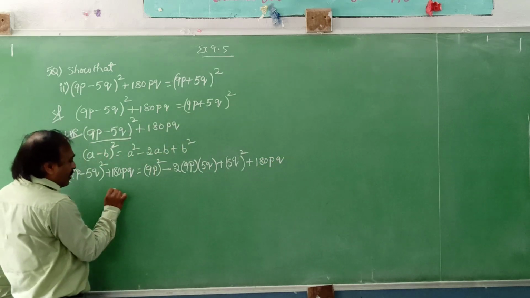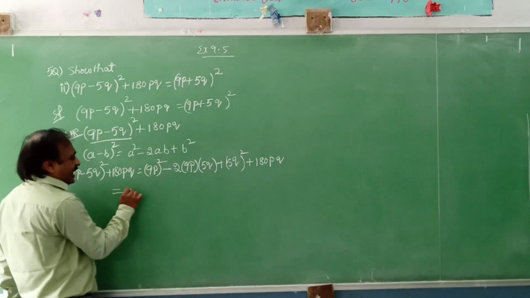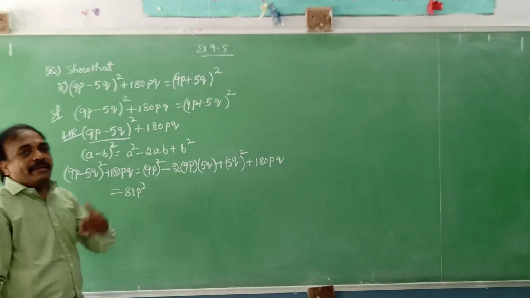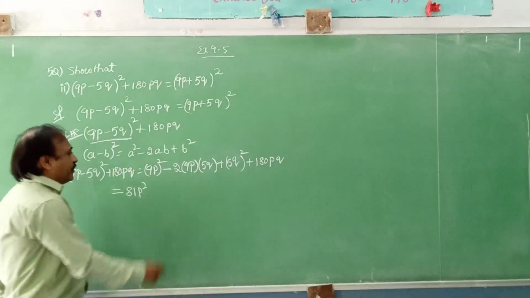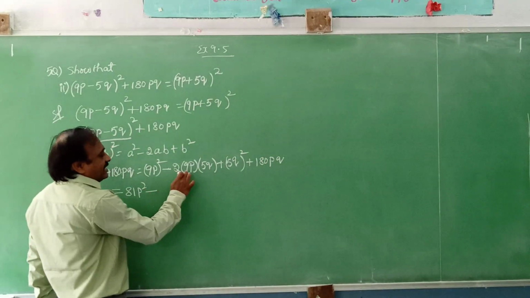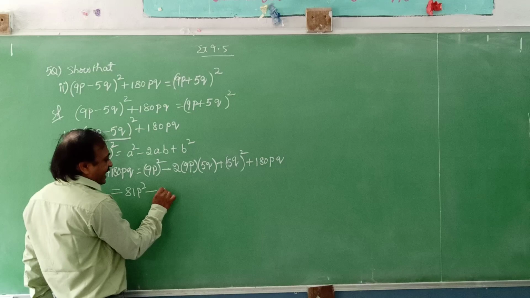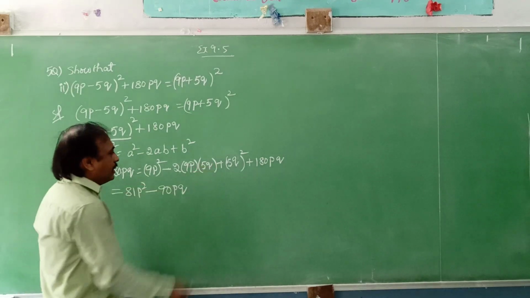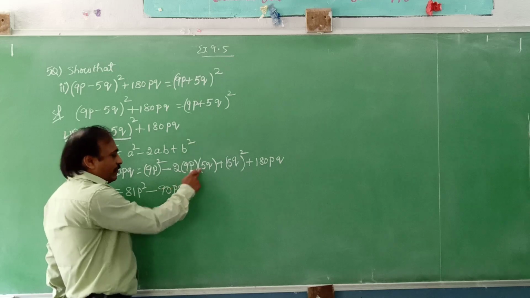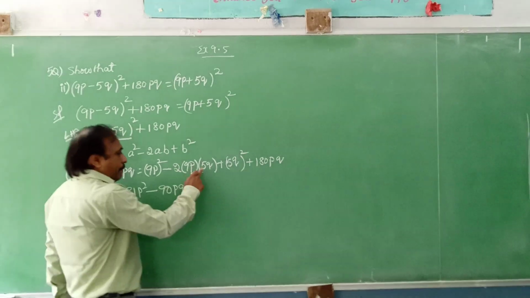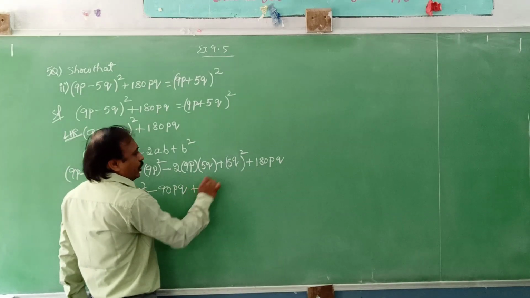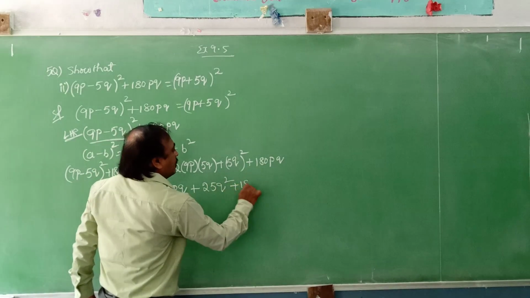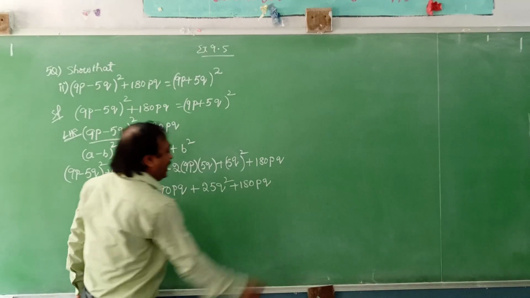Now when you simplify, (9p) whole square is 81p square, minus 2 nines are 18, 18 fives are 90, so 90pq, then plus 5q into 5q, 25q square, plus 180pq.